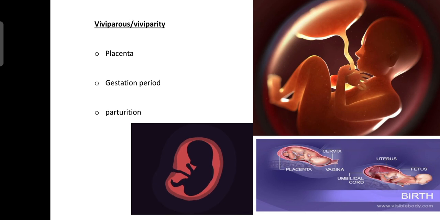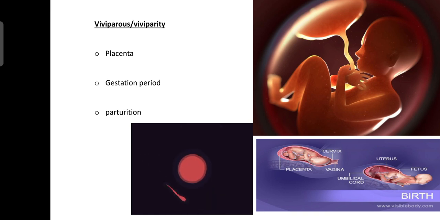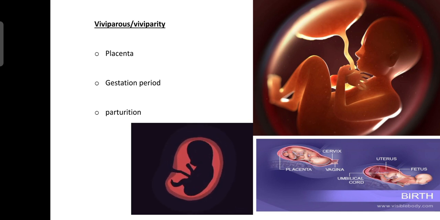Mode of development: the embryo develops inside the mother body with the help of the placenta. Process after development: after the gestation period, the young ones are born by parturition. Examples are humans, apes and monkeys.